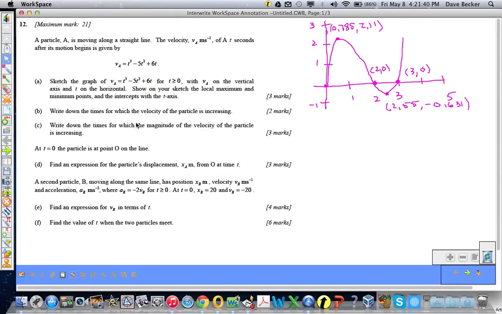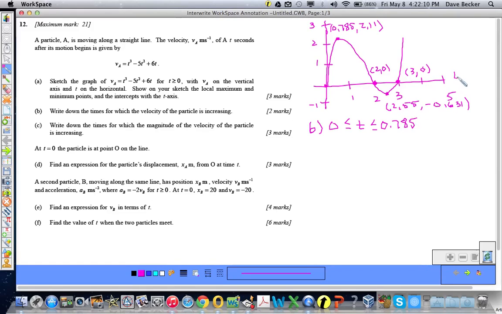Part B: write down the times for which the velocity of the particle is increasing. Well, that should be very simple. This is the graph of velocity. We found the local max and the local min, so this is where it is increasing. So for part B, it's going to be 0 less than or equal to t less than or equal to 0.785.